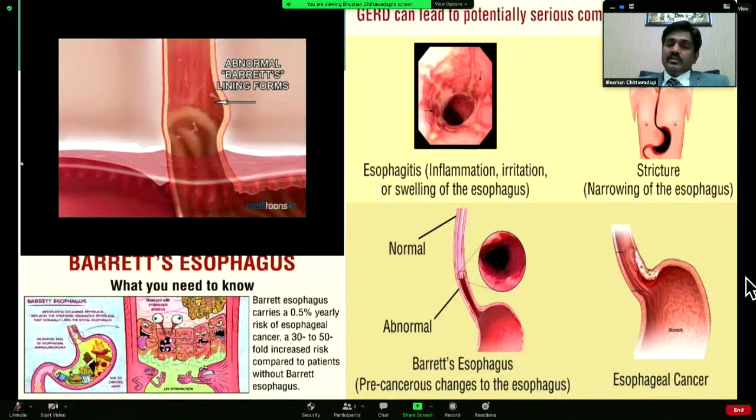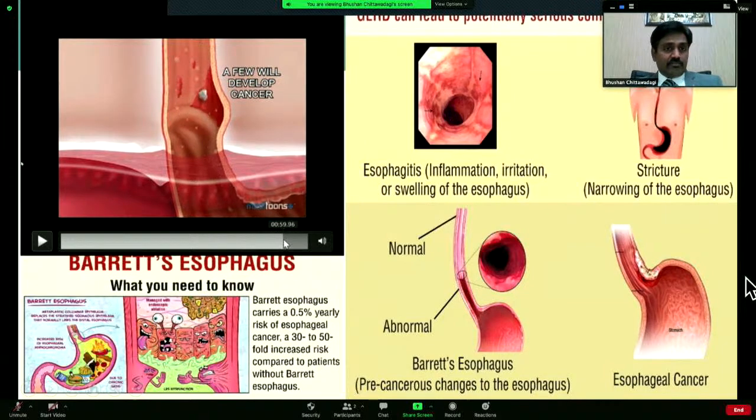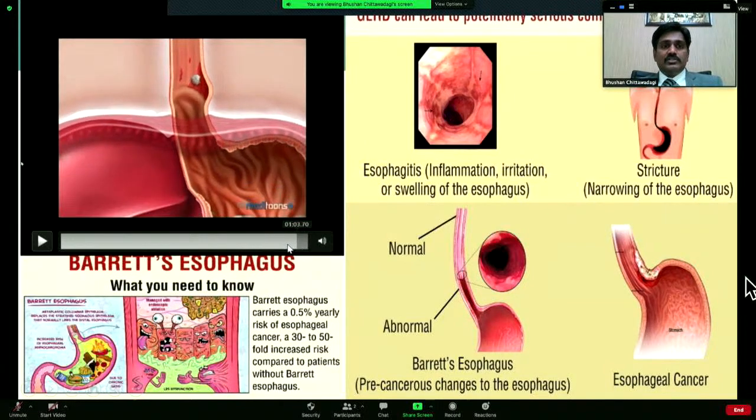Compared to a person who doesn't have it, this is a 30 to 50-fold increase in the risk of esophageal cancer. So this should not happen. Make sure that we get to diagnosis at an early stage so that we can prevent further complications. Now this is how it happens.